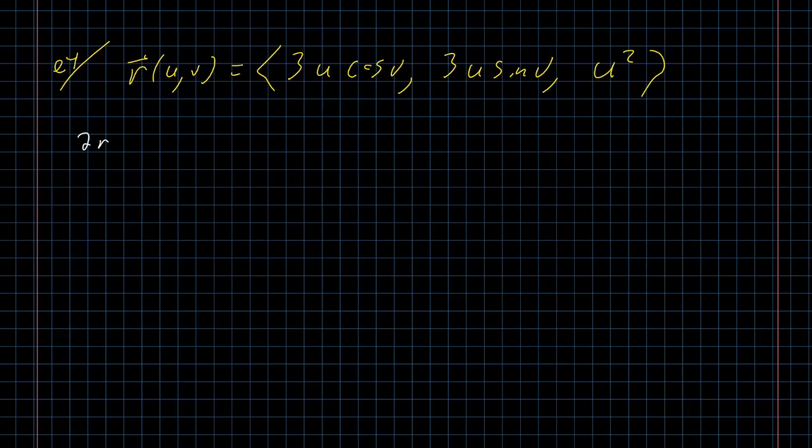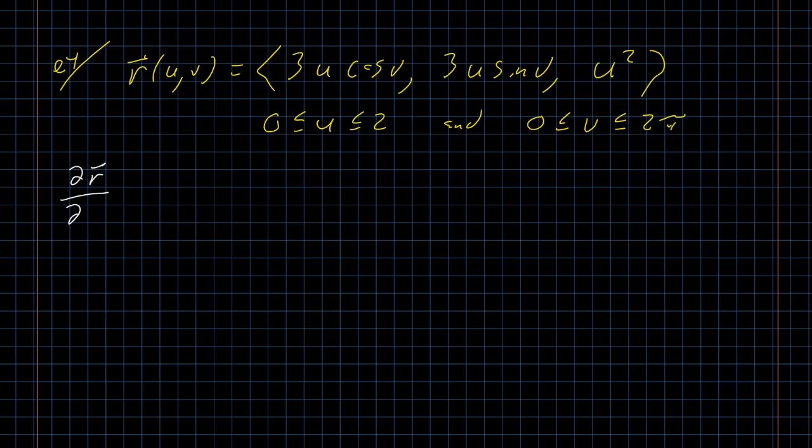But to find the area of this, I guess we still need the constraints. So we have 0 ≤ u ≤ 2, and we have 0 ≤ v ≤ 2π. But we'll need the partial derivatives.